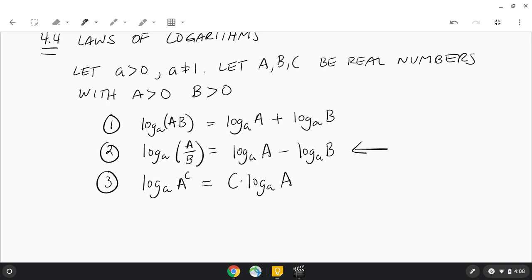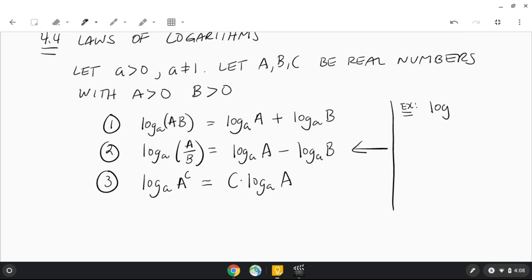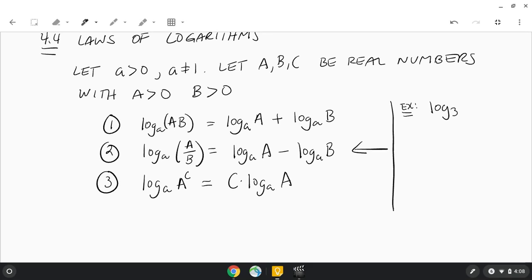I'll just show you off to the side over here. Let me give you an example. Suppose you're taking the log base 3 of a to the negative 2.